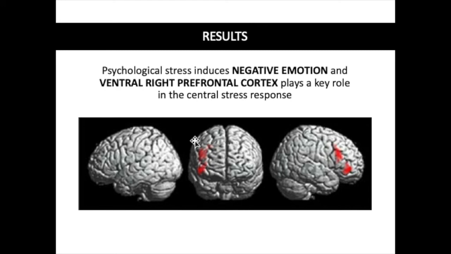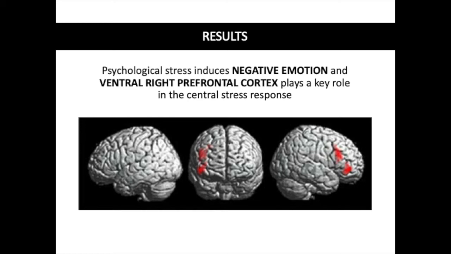Using this, it suggests that we can measure someone's stress level using fMRI, by looking at their blood flow in the brain. So this is one objective scientific way to measure stress.